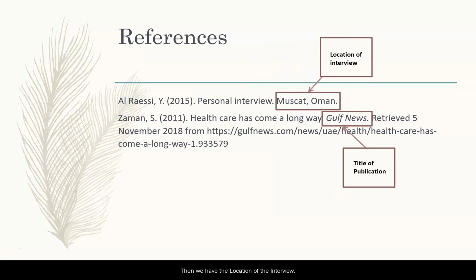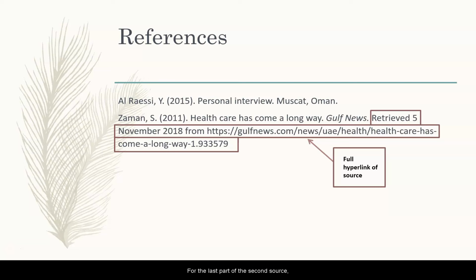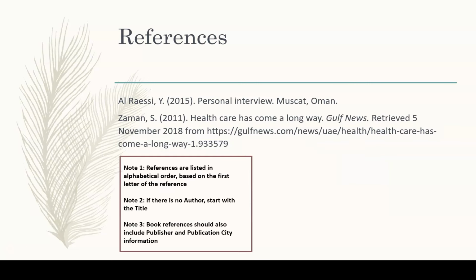Then we have the location of the interview, and we have the title of the publication. For the last part of the second source, we have the full hyperlink, including when this article was taken from the internet. So this was retrieved from the internet on the 5th of November, 2018. Still, it was written in 2011, so you use the 2011 in your internal citation in the paragraph.